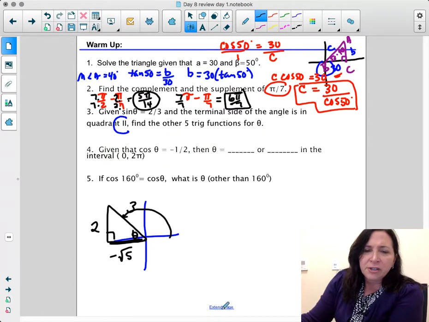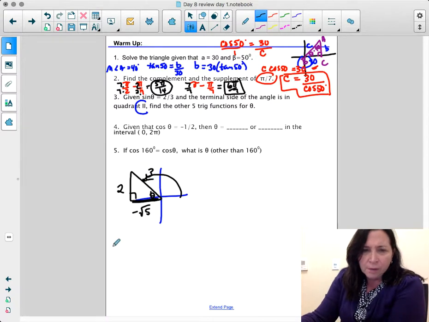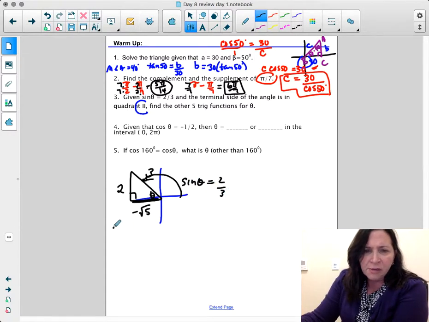So your job here is to find the 5 functions, or all the functions, for theta. We already have sine of theta. So sine of theta is 2/3. Check, we already have that one. So cosine of theta is going to be adjacent over hypotenuse.